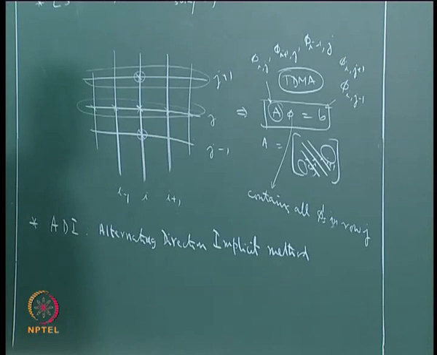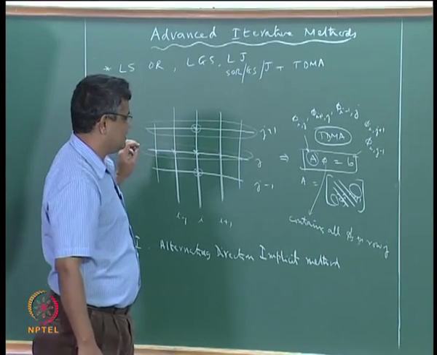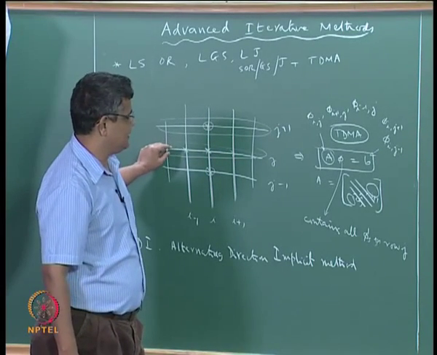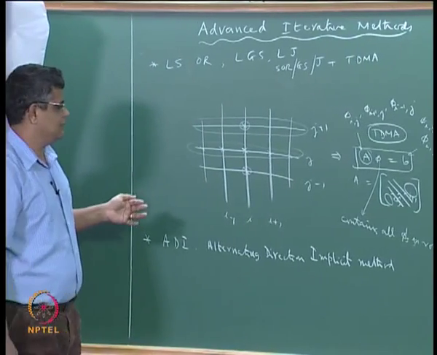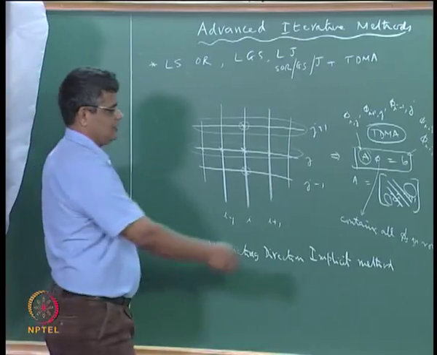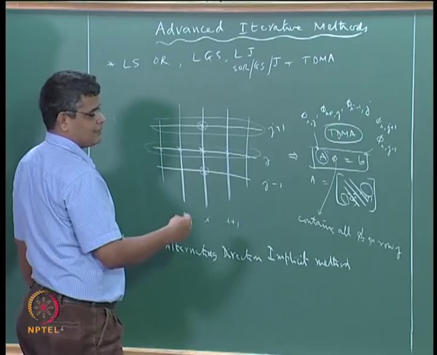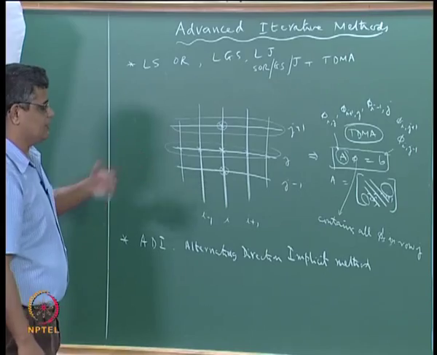This was proposed by Peaceman and Rachford in 1952 maybe, and this essentially incorporates the same idea that it's efficient to solve a one dimensional equation using the TDMA scheme, but if you have a two dimensional problem, then we cannot use TDMA because that will give us a pentadiagonal non-adjacent diagonal matrix for which we cannot use TDMA.